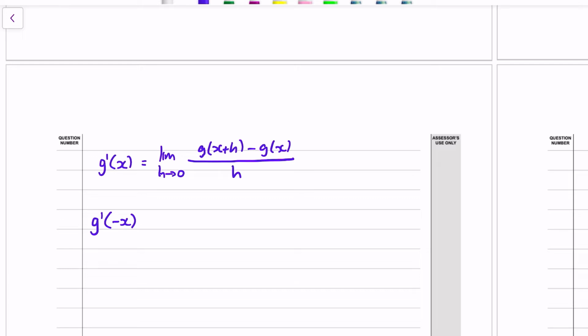They should come out as opposites of one another if it's an odd function. So let's find the derivative of negative x. Well, that's just going to be the same limit, but wherever there's an x, we make it a negative x.